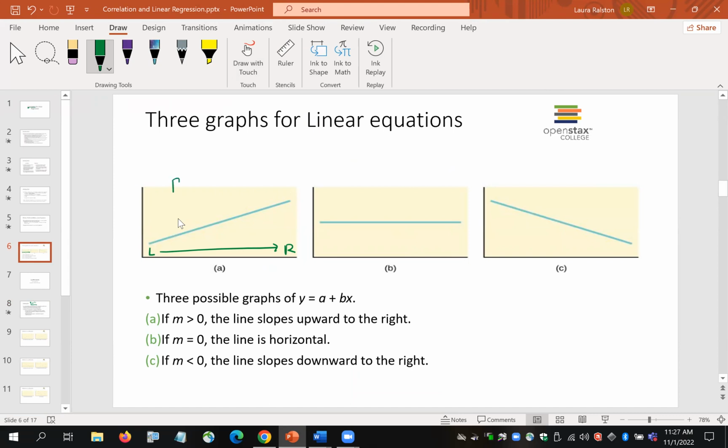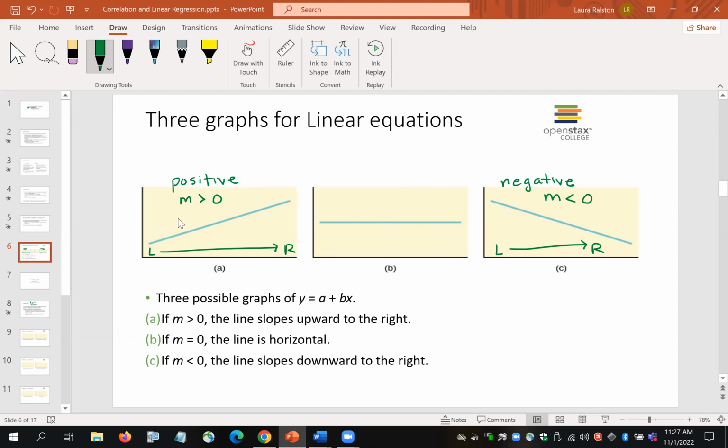Okay, so this is positive. They say it as the M, or the slope, is greater than 0. Does it appear to go down as you move left or right? When it appears to go down, that's negative. So M is less than 0.